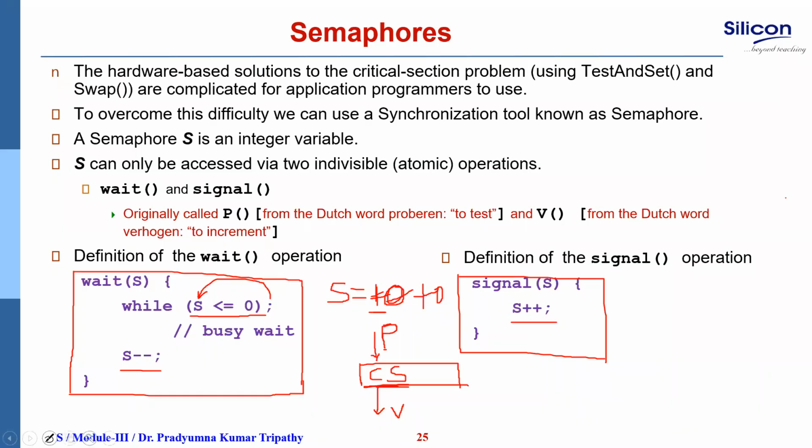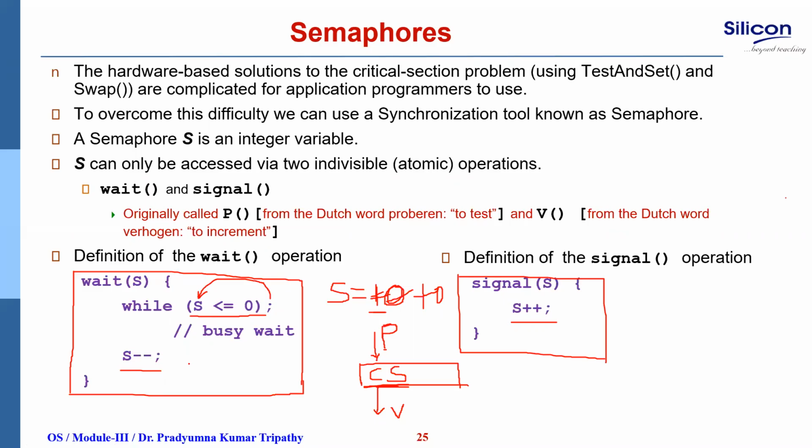But this is only between 0 and 1. But just think, if S can be 1, 2, 3, 4 like that, what will happen? Every time a process enters, we make it S minus minus. And every time a process goes out, we increment S plus plus. So it is not only 0 and 1.